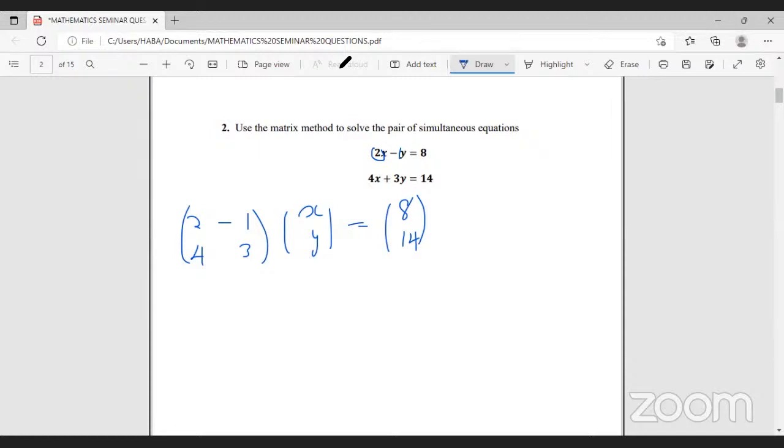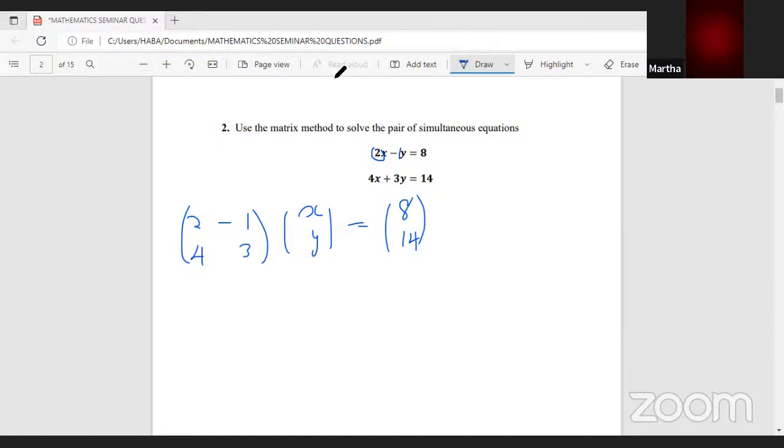So after forming these matrices, what do we do next? By show of hand, what did we do? Okay, Martha?